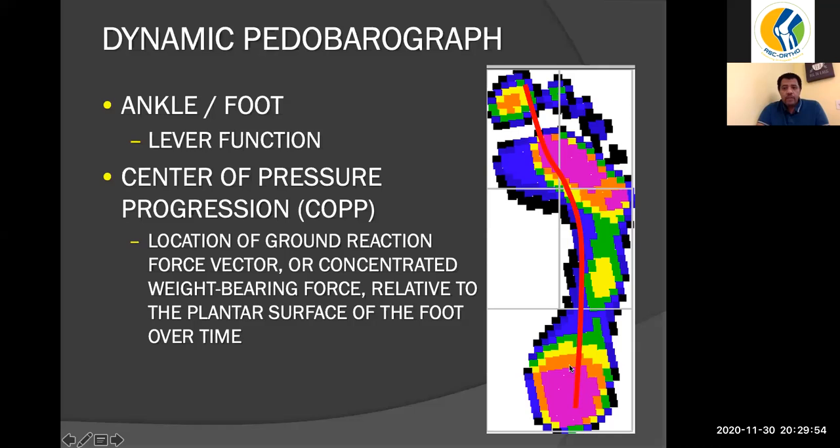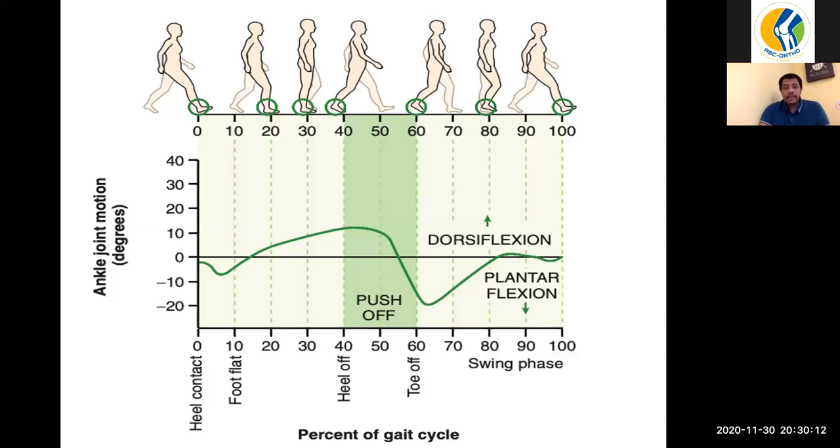Because we are looking for this red line, which is called center of pressure progression, COP. We need to understand the biomechanics and anatomy of the foot in every case. So again, here's the gait cycle.